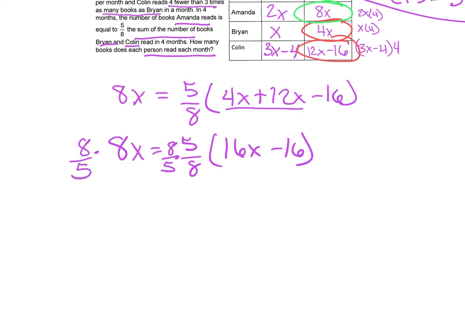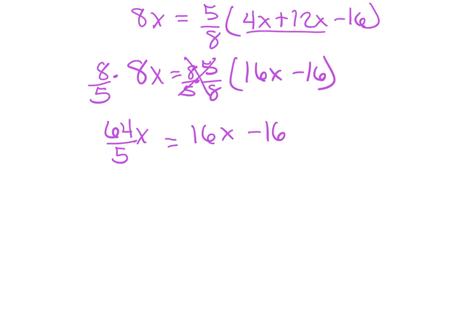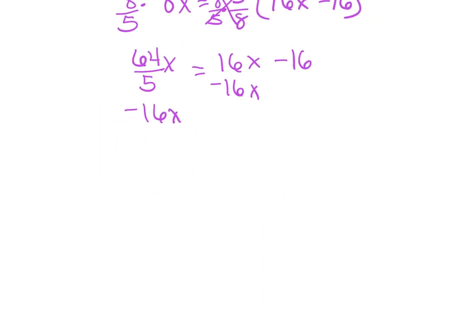So over here I'm left with 64/5 x. If I multiply those, I get 64. 8 times 8 over 5, and I still have my x, equals, this is gone, 16x minus 16. Okay. Now I need to subtract my 16x over. And 16x, if I make it improper, if I want to make it fifths, I'd have to take it times 5, right?